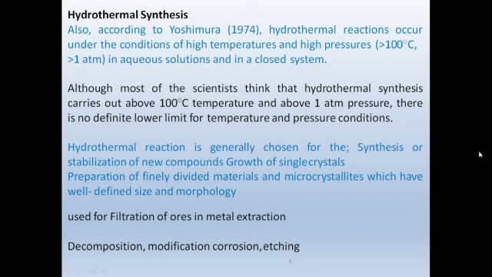Hydrothermal reactions are generally chosen for the synthesis or stabilization of new compounds, growth of single crystals, and preparation of finely divided materials and microcrystallites which have well-defined size and morphology. It can also be used for the leaching of ores in metal extraction, decomposition, modification, corrosion, and etching.